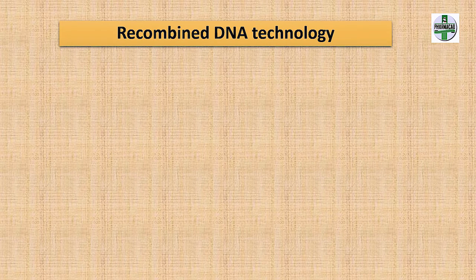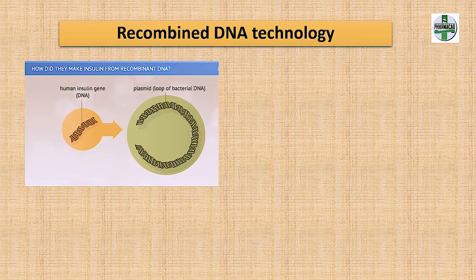Let's begin by taking an example of insulin preparation using this recombinant DNA technology. We are aware that human DNA is made up of genes, that is, sequences of nitrogenous bases. Let's consider this is a fragment of the gene which is coding for insulin.